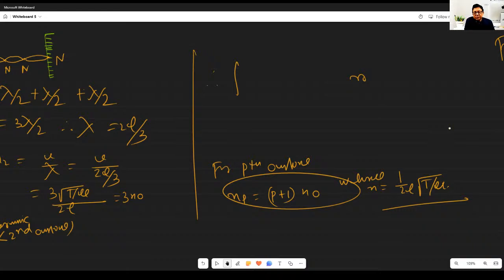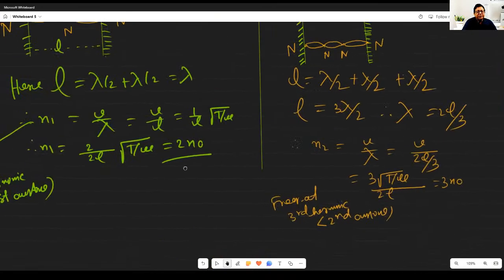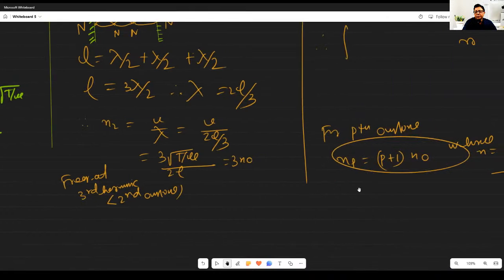Not p plus 1, no, no, it will be n0 simply. See, third harmonic 3n0, second harmonic 2n0. So for pth harmonic, how to write the symbol? Just write Np equals p n0. Bas.